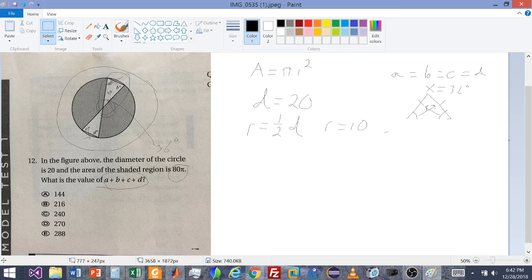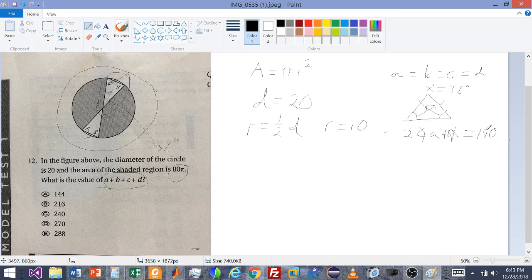So now that we know that top piece, remember we had created a relationship where 2 times the angle A or B or C or D, because they're all the same, plus the missing angle X equals 180.